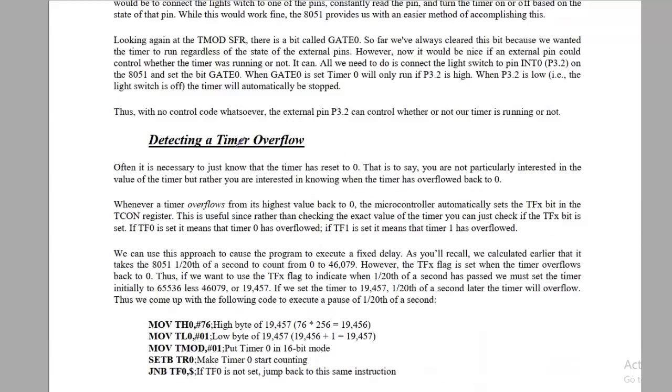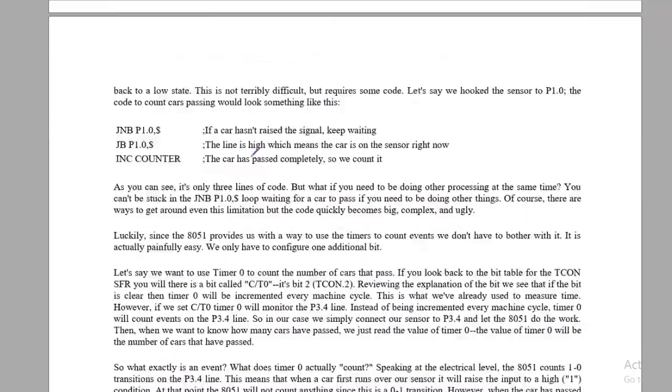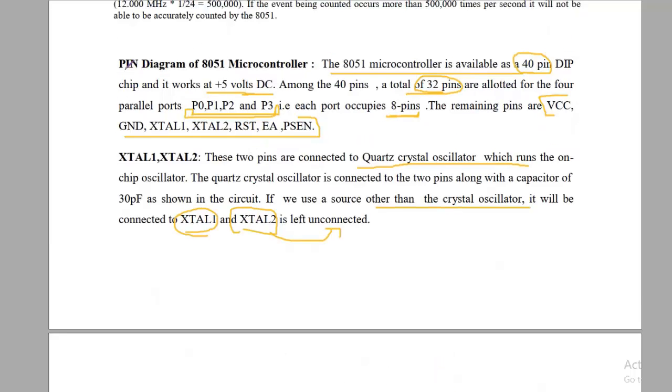So I will be covering the next topic, the pin diagram of the 8051 microcontroller. This is one of the most important topics generally asked in the exam. As you know, 8051 is a microcontroller which has 40 pins, and it operates on a 5 volt DC supply.